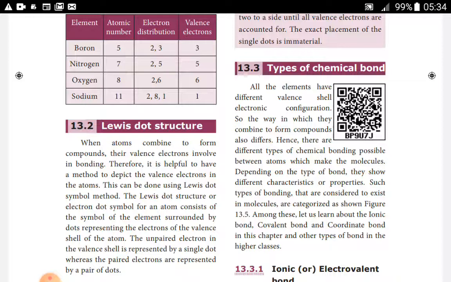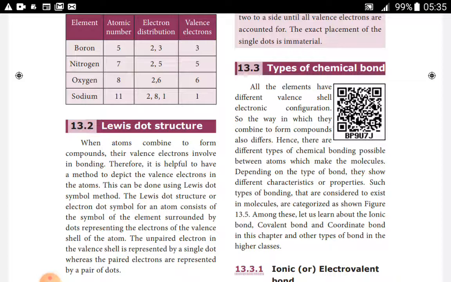Therefore, it is helpful to have a method to depict the valence electrons in the atom. This can be done using the Lewis dot symbol method. The Lewis dot structure or electron dot symbol for an atom consists of the symbol of the element surrounded by dots representing the electrons of the valence shell of the atom.